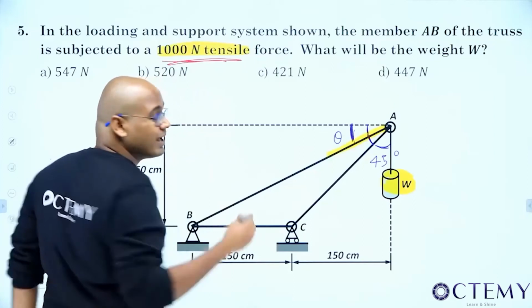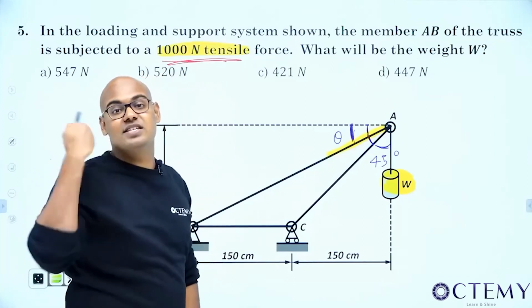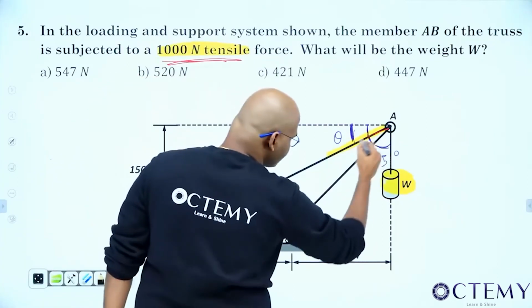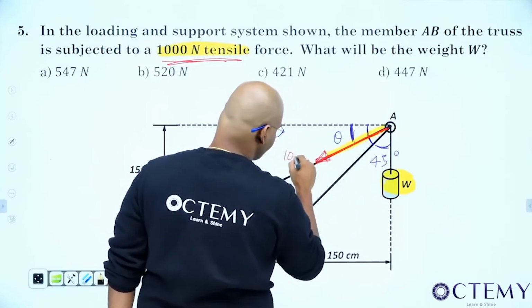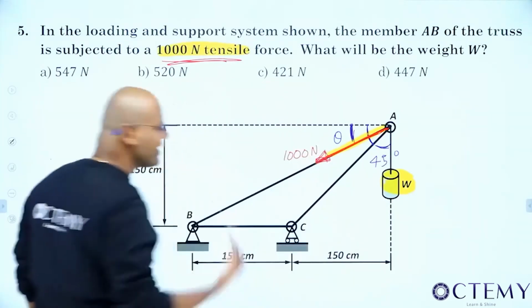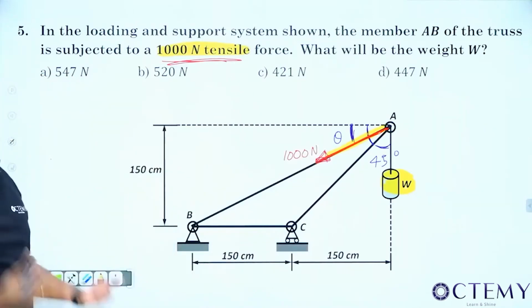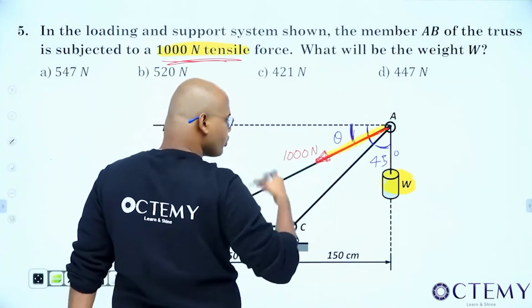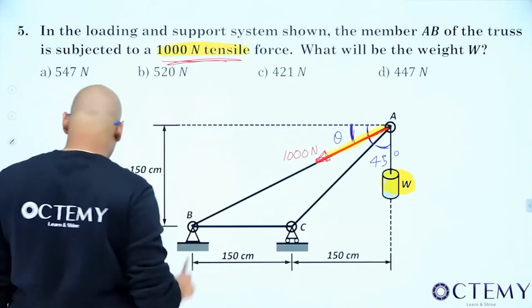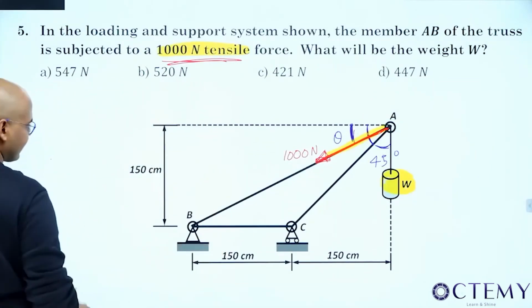If it is towards the joint, that means it is under compression. That means this force AB is already known. It is away from the joint, 1000 newtons. Otherwise I have to take towards the joint and write minus. So already given tension, so not towards the joint, away from the joint, 1000 newtons. What is AB? 1000 newtons. Already I know, so I'll directly take it.